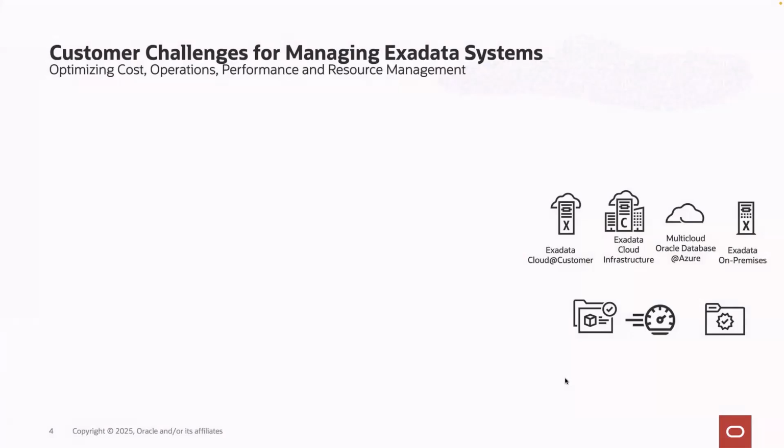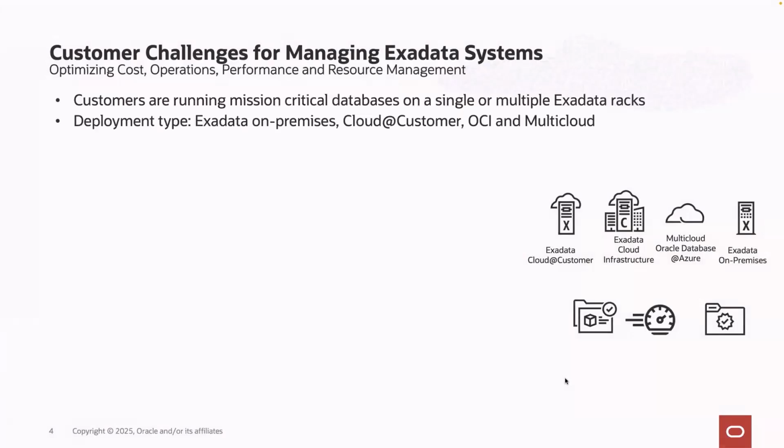The challenges that we have seen from our customers is that Exadata is deployed for mission critical databases. Some customers have a single Exadata, some have multiple, up to several hundred Exadatas, and with that there is quite a lot of management and monitoring that needs to be done.